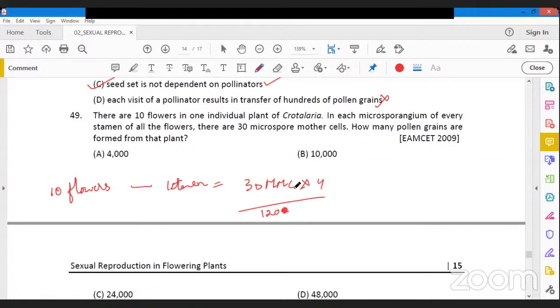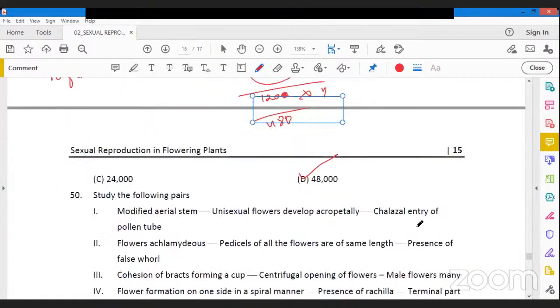So in one microsporangium of every stamen of the flower, this much. Into 4 we have to multiply. How much does it come to? 480. Okay, into 10 flowers, 448,000 is the correct answer.